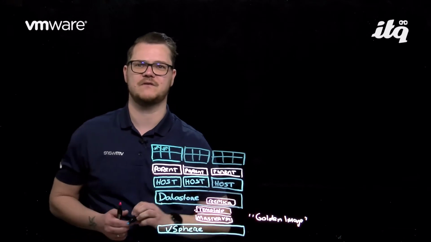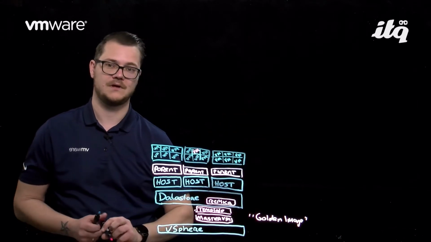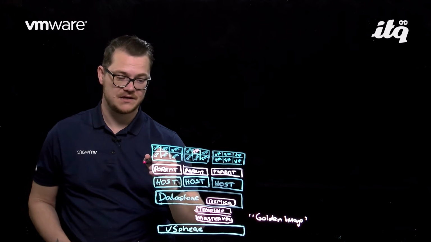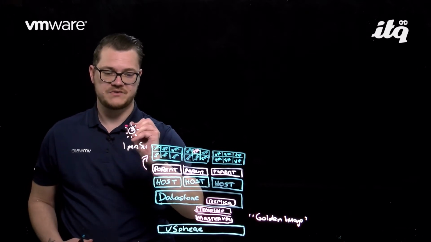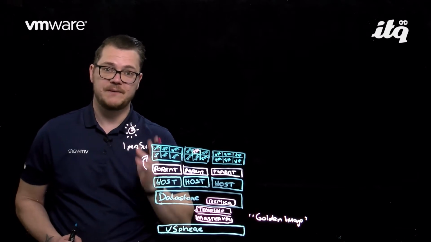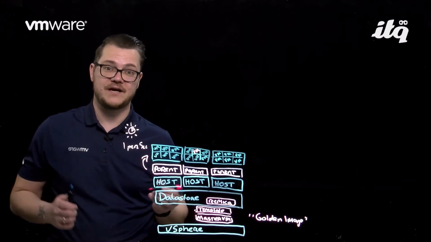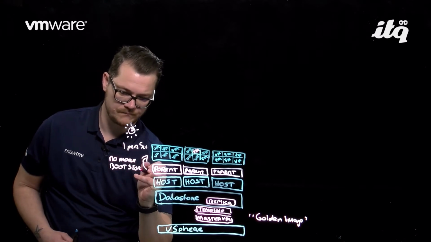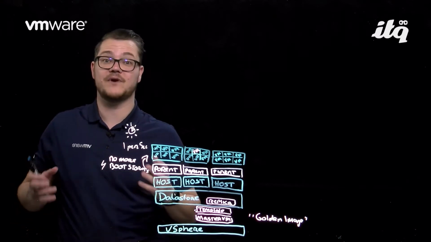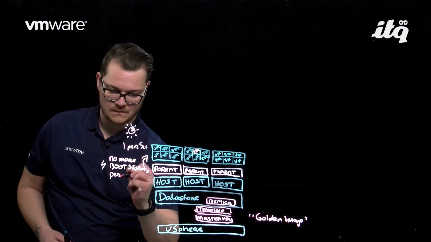Wait, that's going to take forever. And we'll be creating these lightning fast. So that's going to be one machine per second. And because we are copying these from the memory, it's going to be not only lightning fast, it's also going to prevent boot storms. And also it's going to be a great way for recovery.